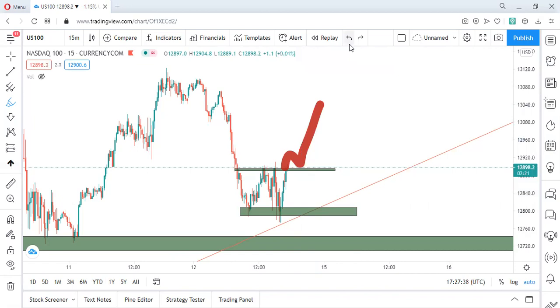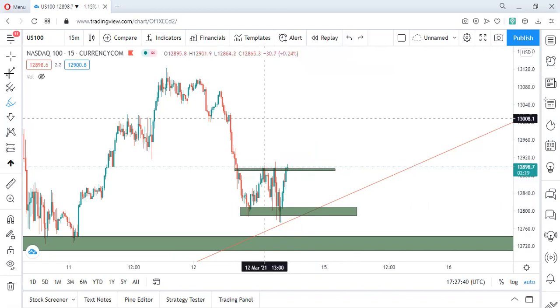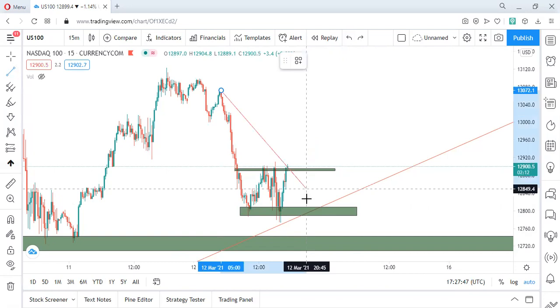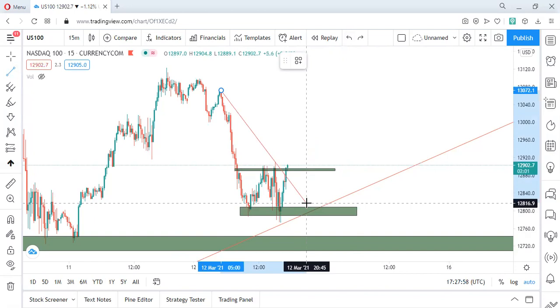If you wanted an early entry, you would have bought when we had a break here. Even now, you can buy the market at this entry with no loss. We are even pushing, guys. So what I'm expecting on Nasdaq, we're expecting something like this.